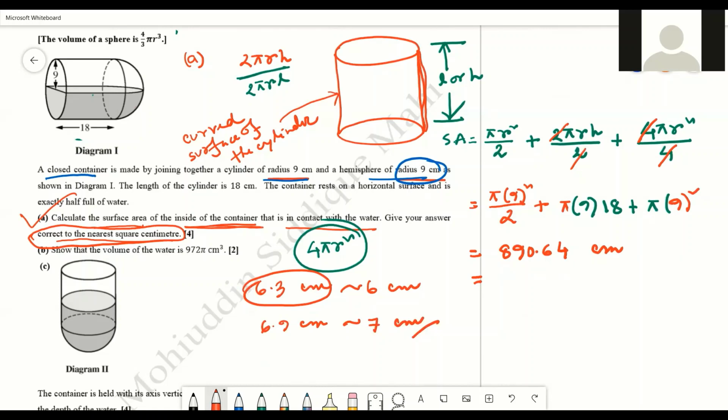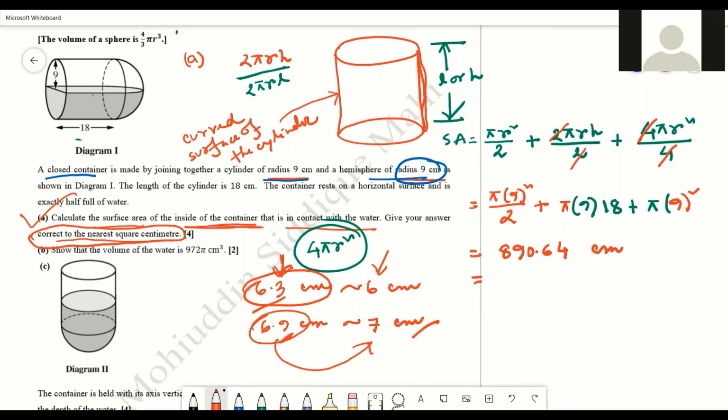So when you have a decimal value where the decimal digit is 5 or greater than 5, you need to increase the value to the next integer. And if the digit is less than 5, like 6.3 here, then you need to convert it to the lower, closest integer.